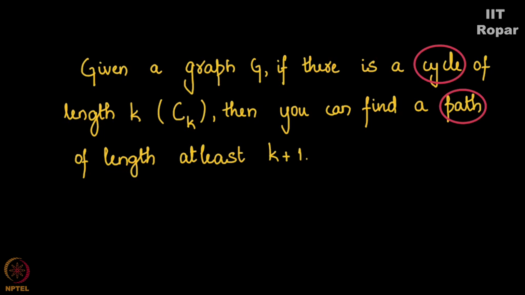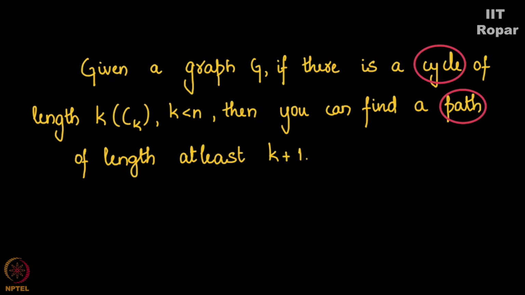You see the point? Right? It's a pretty straightforward point, but then you might be wondering, what if the cycle covers all the vertices? Then it is not true. So the theorem states, given a graph G with n elements, if there is a cycle of length k and k is less than n, then you can find a path of length k plus 1. Correct? So this is true only if the graph is connected. You all know that, right? That goes without saying.